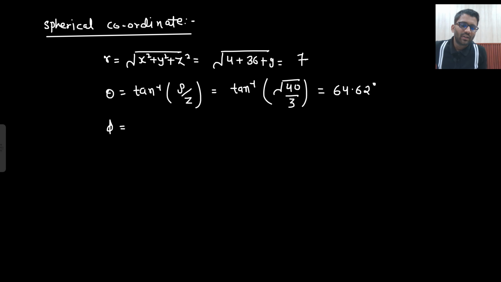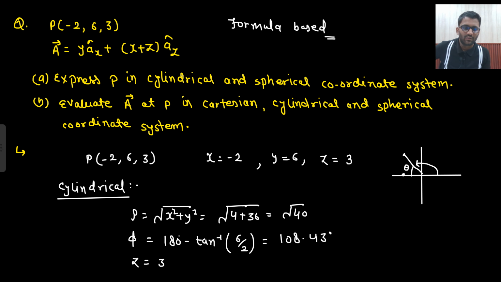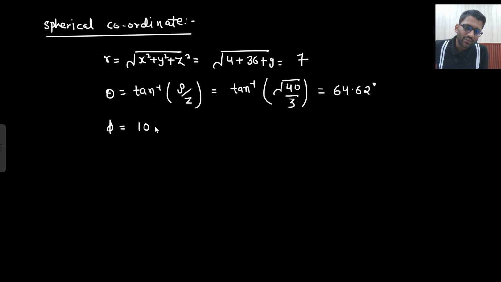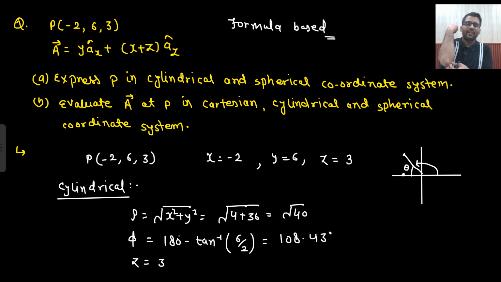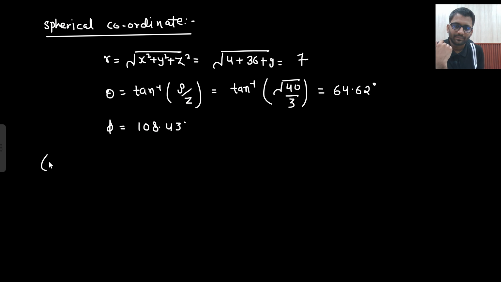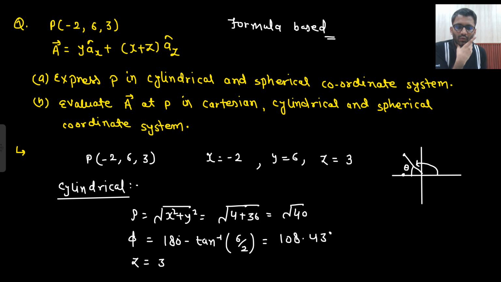Okay. And what about phi? Phi is the same coordinate, which is 108.43. So we have denoted the elements. Minus 2, 6, 3. In cylindrical it was root 40 value they have given, 6.32.